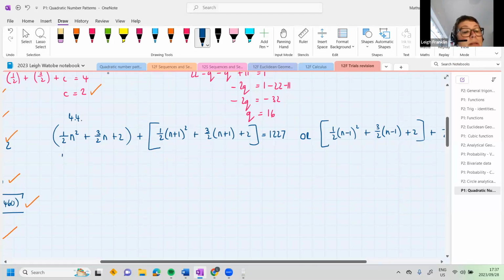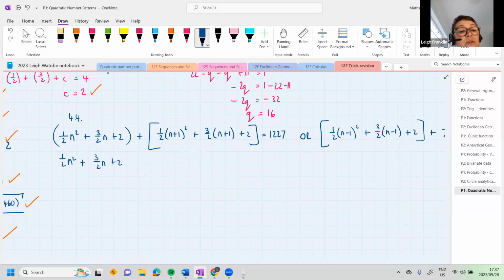So we're going to bring down our half n squared and our 3 over 2n plus 2. Inside this bracket, we're going to leave the half on the outside and I'm going to square the binomial first. Remember, very important, when you square a binomial, it has to have 3 terms. So this is going to be n squared plus 2n plus 1.